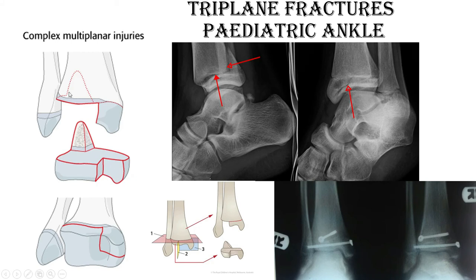Okay, and this is most commonly found in the pediatric age group. Why is it very special? Because this fracture is in three planes. One is the plane horizontal with the joint line, then vertical with the joint line, through the distal part of this epiphysis of the tibia.